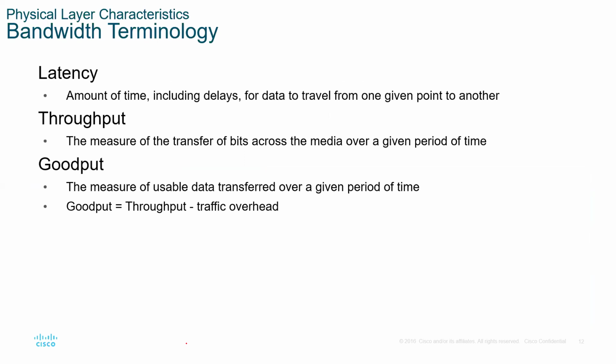Bandwidth terminologies: we can relate bandwidth to those three things: latency, throughput, and goodput. Latency is the amount of time, including delays, for data to travel from one given point to another. Latency is very important. If the latency is very small, it means communication is perfect.